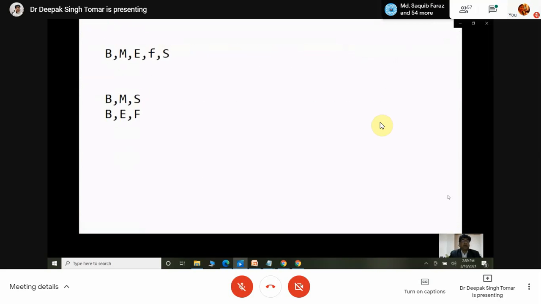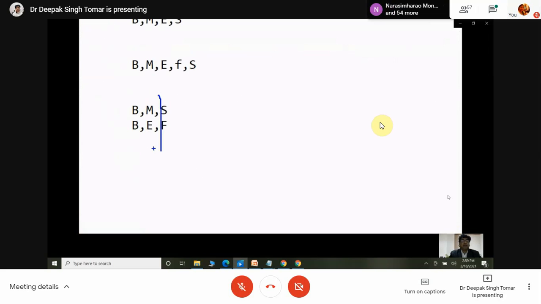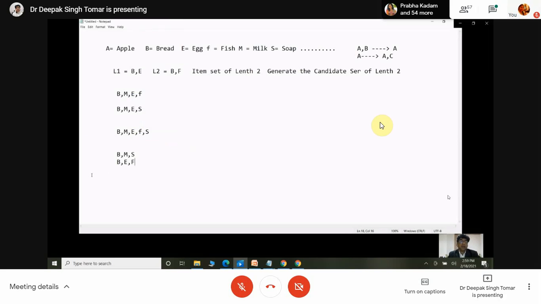We are not generating it because their n minus 1 items are not the same. It is also same, but it is not same. So that means other than the last item, this pattern should be same. Then only can we generate the item set. So this is the way we are able to generate the item set.